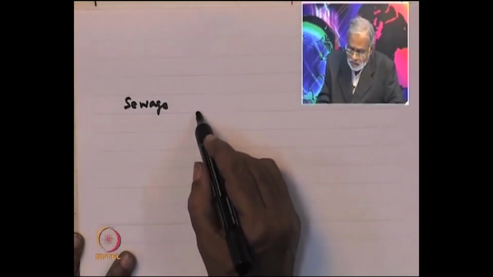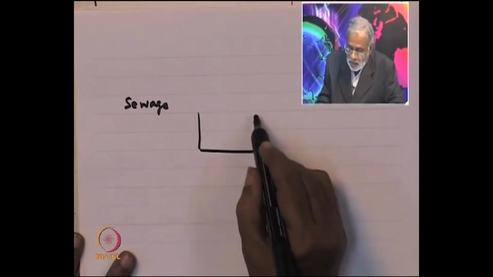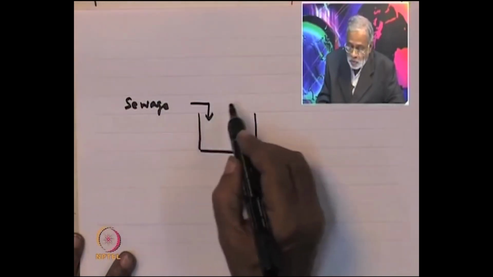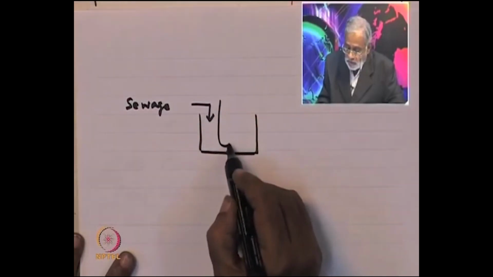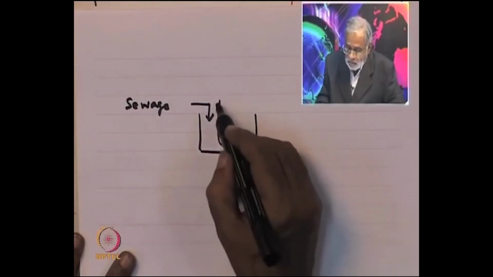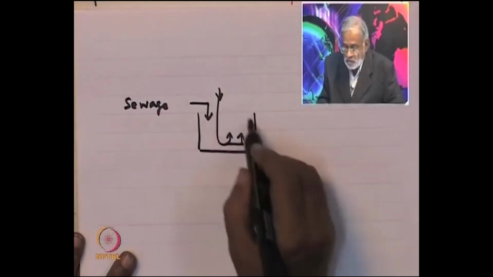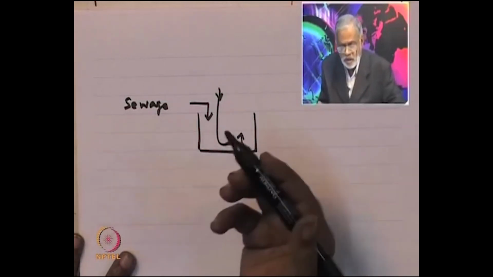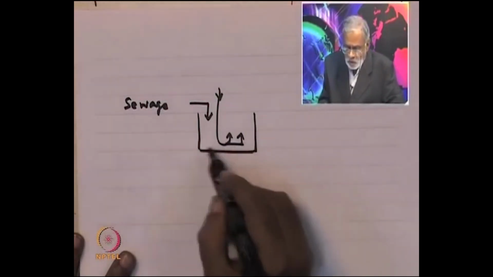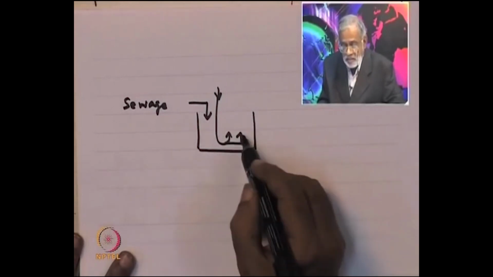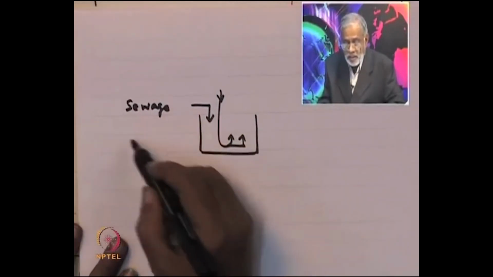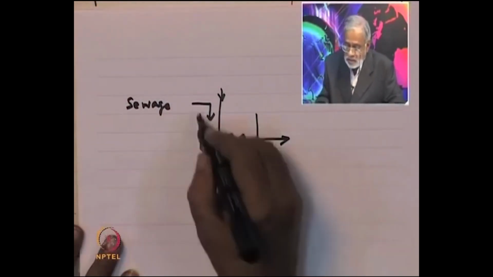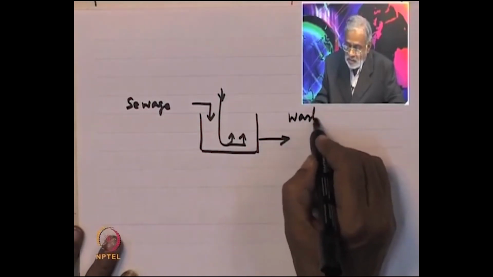Typically, these materials are taken into a basin in which you put in oxygen by aeration. In the presence of oxygen and the sewage, which contains organics like carbohydrates, the cells present in that environment grow, and as a result the waste material gets consumed, and the water that comes out is relatively clean. This is called waste treatment.